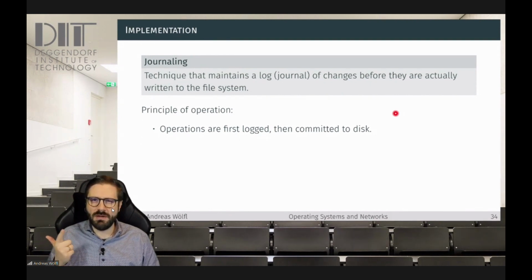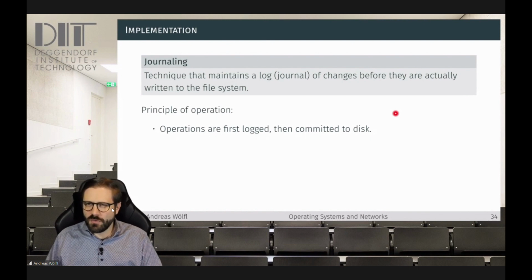Then we need to maintain the free space management and flip the bitmap. This needs to be done when we delete a file. And then obviously we need to delete the file from the files and directory part, right? So many steps are required to delete a file, for example.